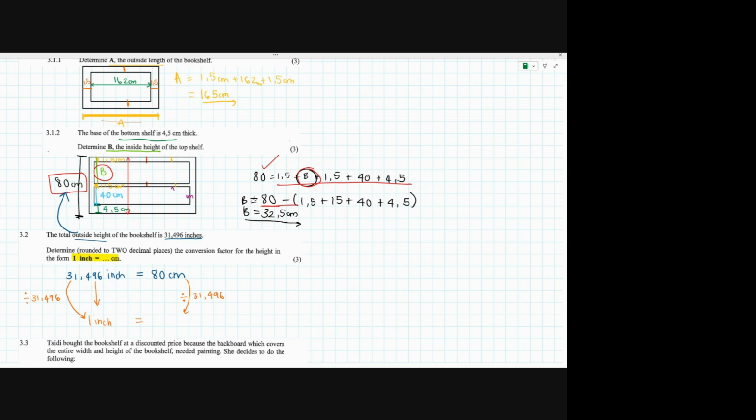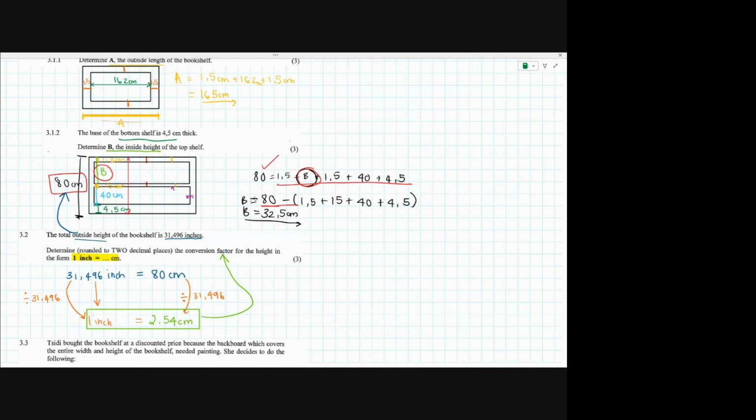So if I now say 80 divided by 31,496, I get what 1 inch is in centimeters. And this would be 2.54 centimeters. This is what we call a conversion factor, exactly what the question was referring to. A conversion factor is something that we can use to convert one unit to another. So now if I gave you 57 inches, you could use this conversion factor and convert those 57 inches into centimeters.